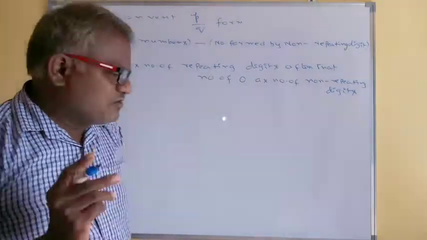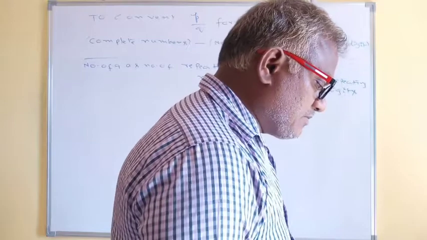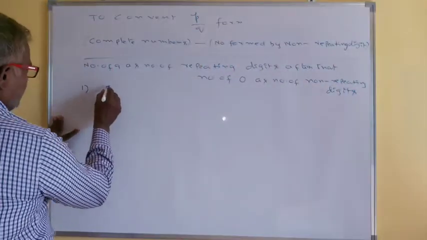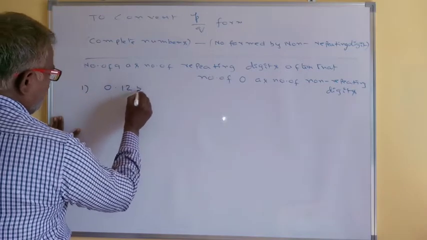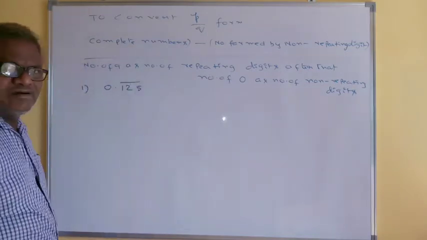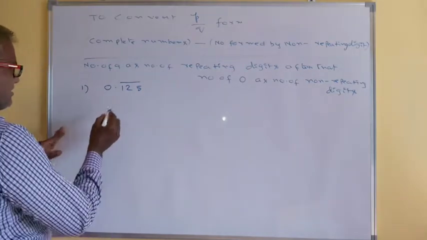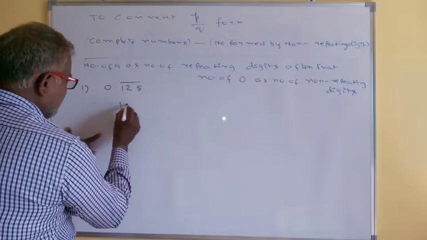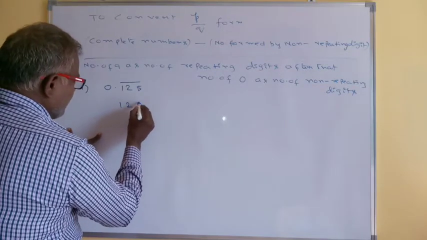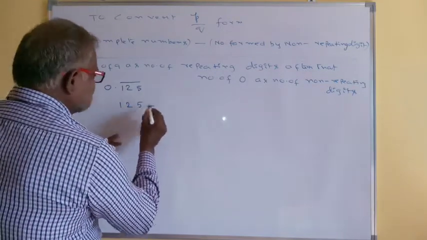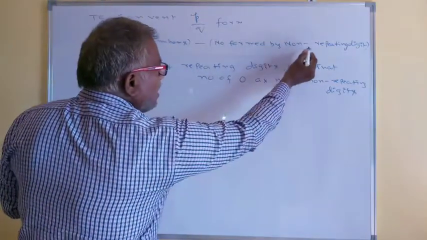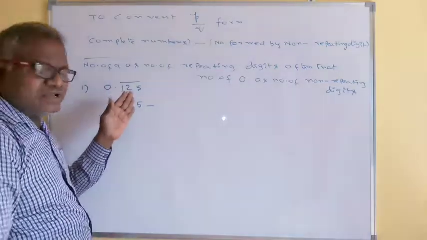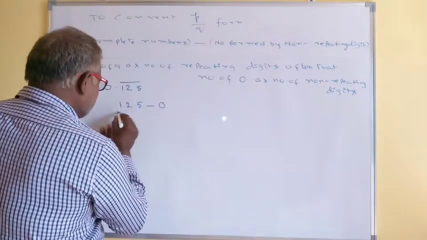Let us do one problem. Suppose here 0.125 bar. First of all, you should write the complete number, 125, minus the number formed by the non-repeating digits. Here every digit is repeating; no non-repeating digit is there, which means 0.